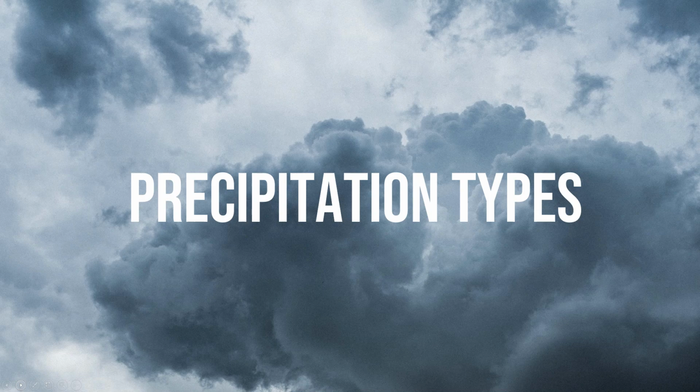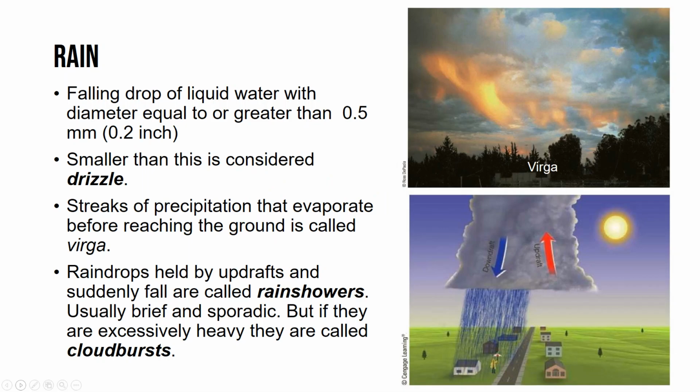So knowing the processes of warm clouds and cold clouds, we now talk about precipitation types. First, the precipitation type that is very well known to us is rain. Rain is a falling drop of liquid water with a diameter equal to or greater than 0.5 millimeters, or 0.02 of an inch.